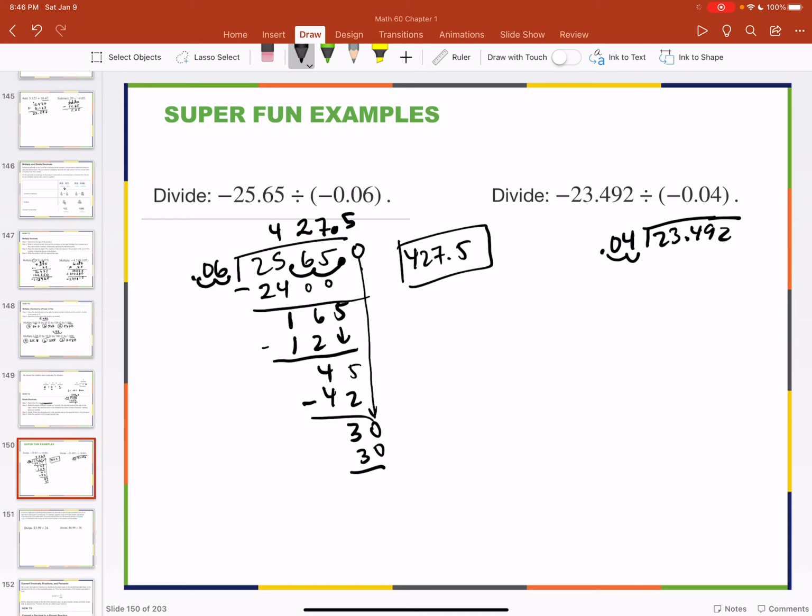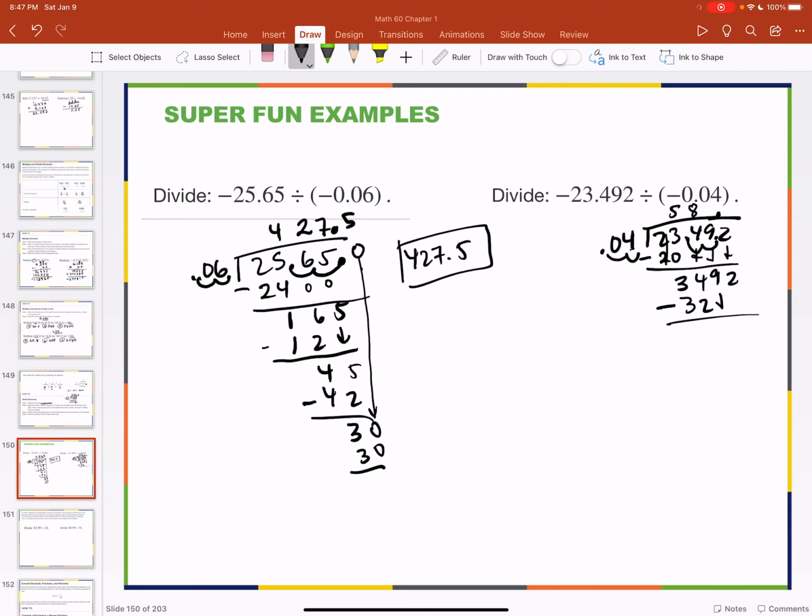For the outside, we need to move it 2 spaces, so we do the same thing on the inside. Now we're dividing by just 4. 4 goes into 23 5 times, because 4 times 5 is 20. We subtract and bring everything else down. 4 goes into 34 at least 8 times, because 8 times 4 is 32.